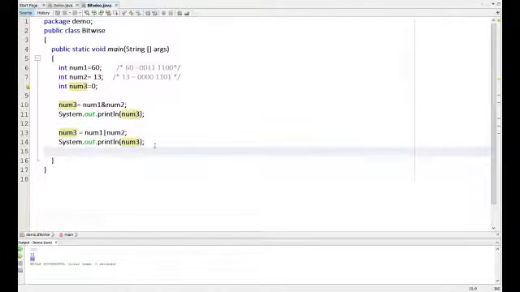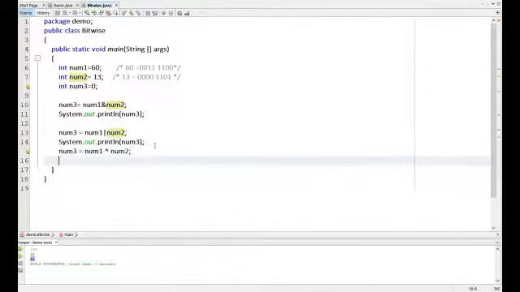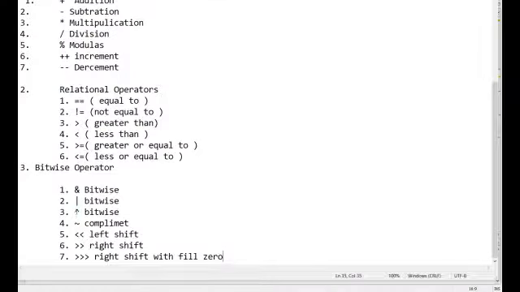The third one will be num3 is equivalent to num1 XOR num2. We have seen that this is one of the bitwise operators in this category.